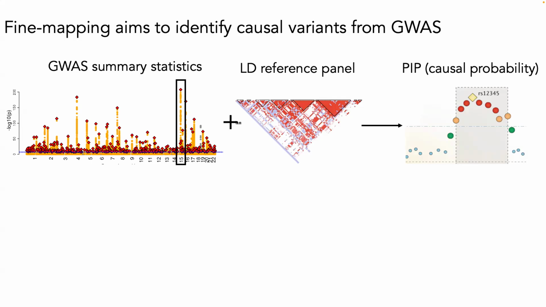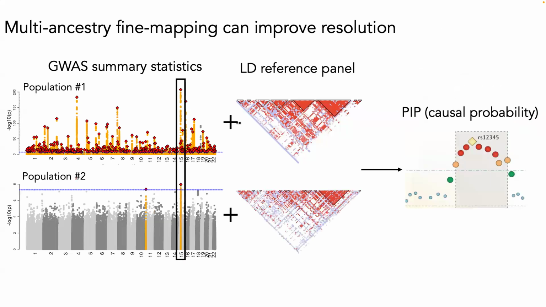So that's fine mapping. You can do an advance on the single study fine mapping by doing multi-ancestry fine mapping. And the idea here is that if I've done a GWAS for a trait that I'm interested in in multiple different populations, and they have different LD, so different pairwise correlation between the variants in the region, well, sometimes you can use that to improve the resolution of fine mapping.